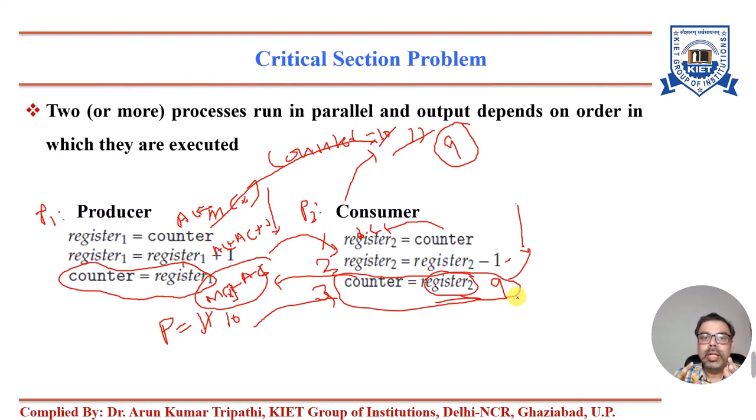Or we can say the output may also depend on the process order in which it executes, or we can say the instruction that executes at the last. Here counter is equal to register 2 that executed at the last for the process P2. So it is responsible for updating the value of the memory location.